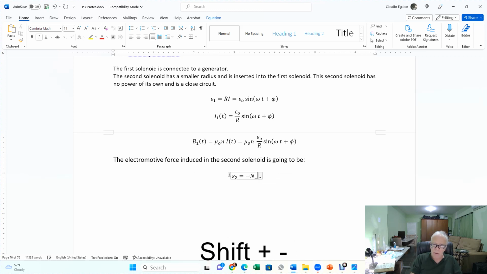And this one has N2 turns. Okay? And I'm going to put the magnetic flux here.